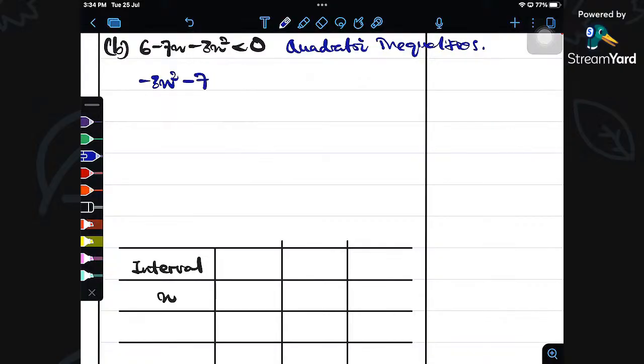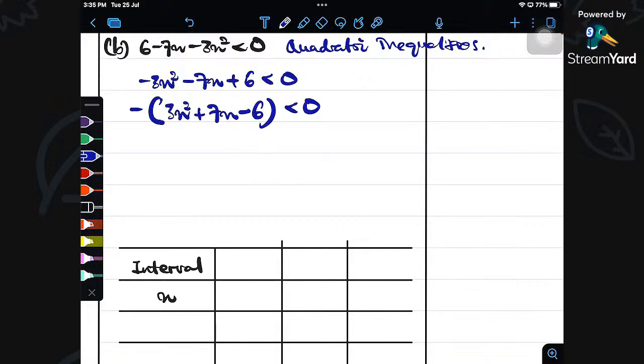Rearrange it. Saya susun dia dalam bentuk quadratic form lah kan, supaya saya senang nak menyelesaikan soalan. And in this case, saya perlu faktorkan negative value. So inside of the bracket will be positive 3x squared plus 7x minus 6.